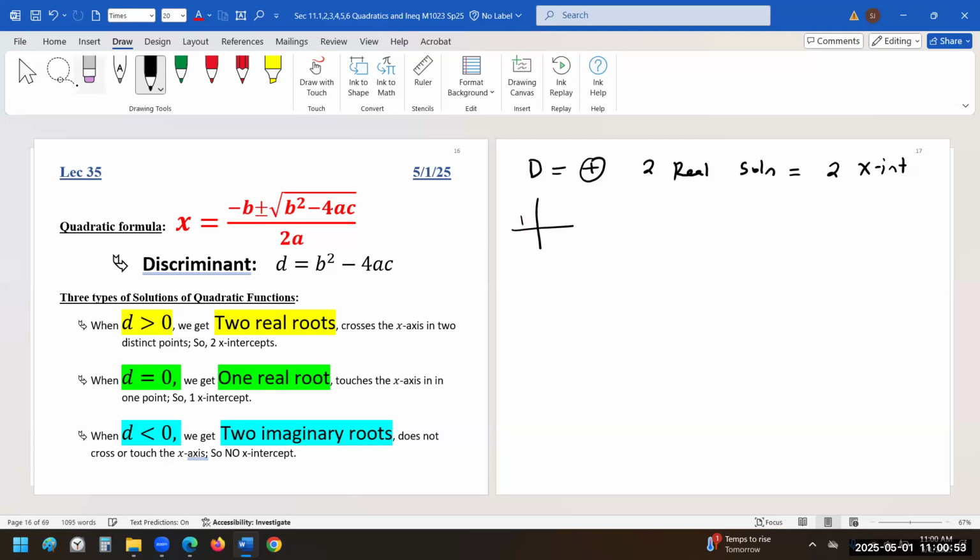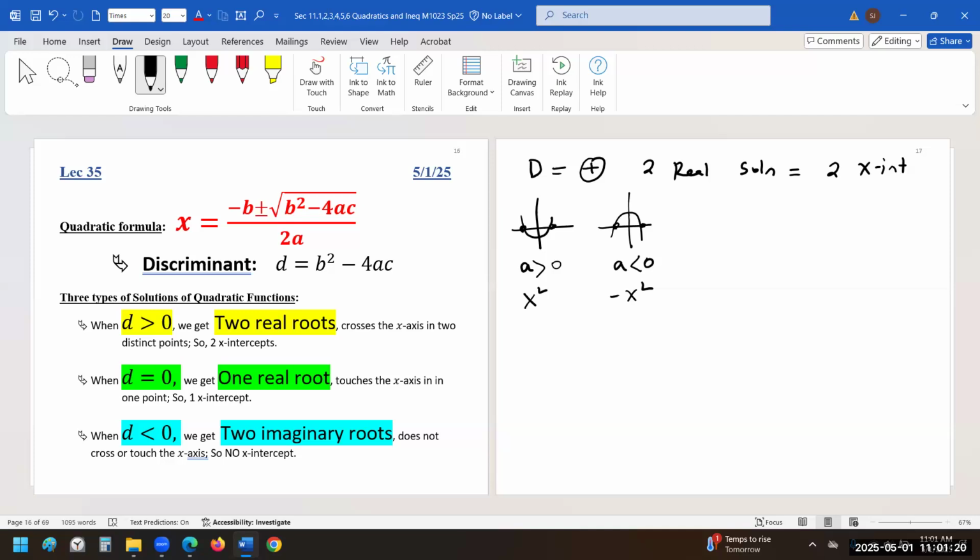So maybe you have a scenario like this, or maybe you have a scenario like this, where you are crossing your x-axis twice visibly. So we have an upward parabola if your leading coefficient is positive, and we have a downward parabola if the leading coefficient is negative. For example, this is positive x squared, and this is negative x squared.